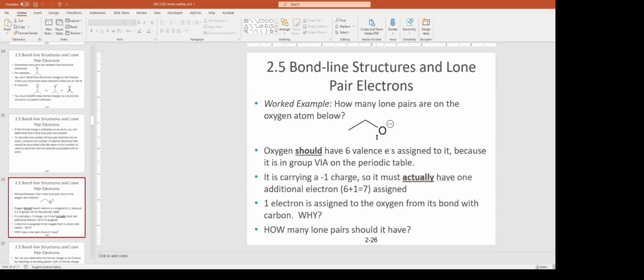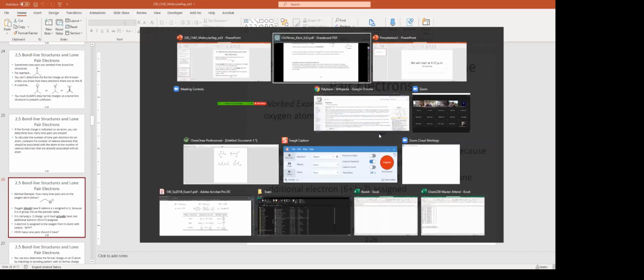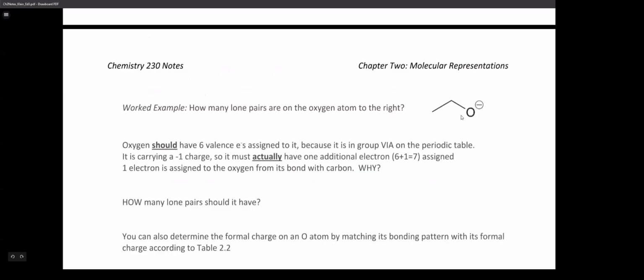Here's an example where people often do leave out the lone pairs, because this kind of structure is so common in organic chemistry. We see it so often that we should just see the lone pairs in our head. If it's negative, that means what?